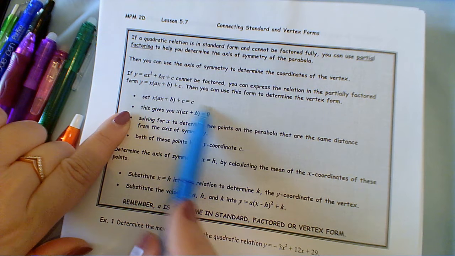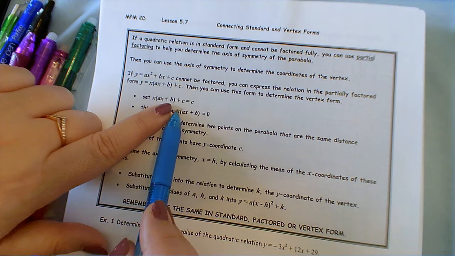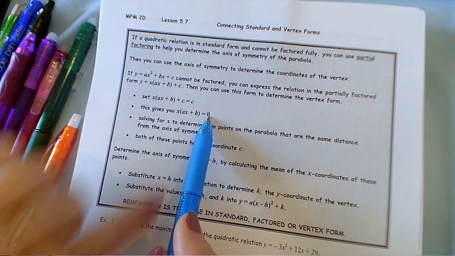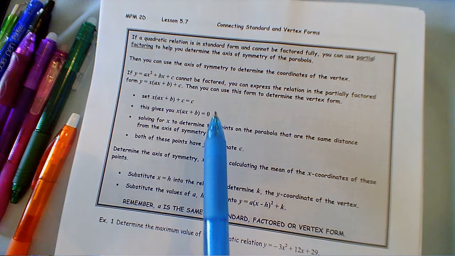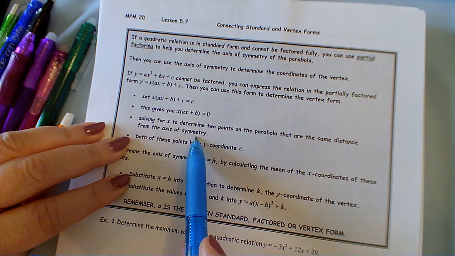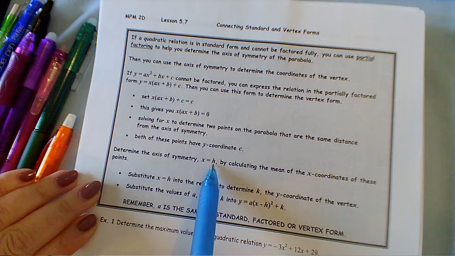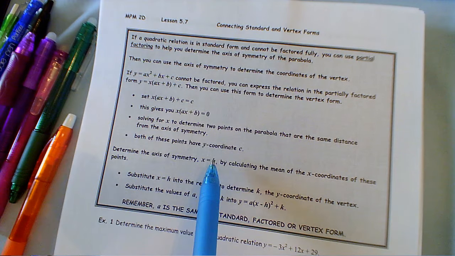Now we set this first section, which is just x, equal to 0, and we set the bracket section equal to 0. That gives us two x numbers that are the same distance from the axis of symmetry. Now we can solve for the axis of symmetry because we have these two x's at the same height.